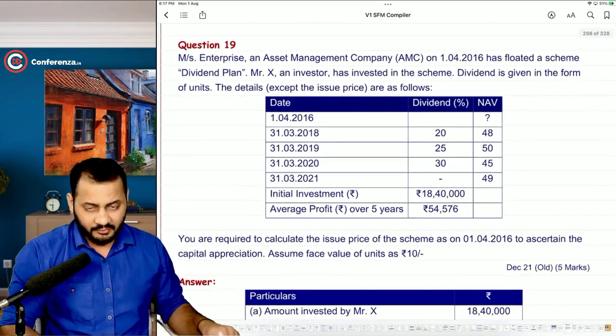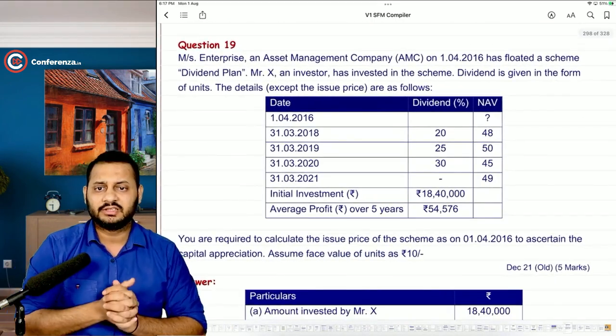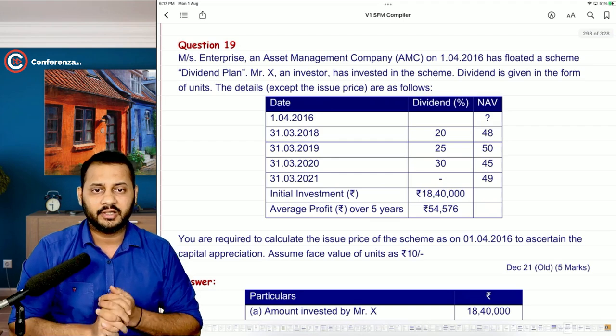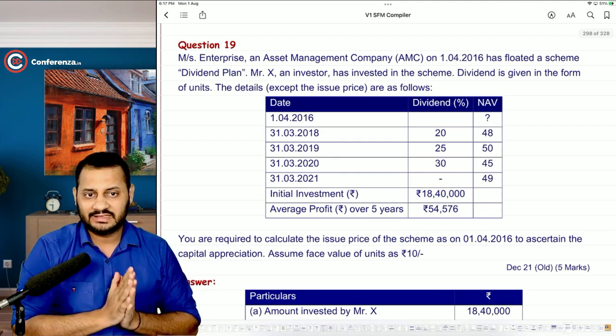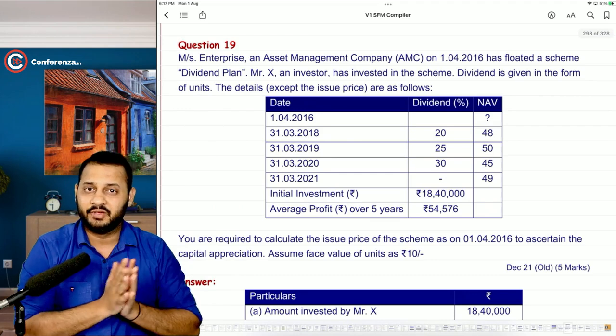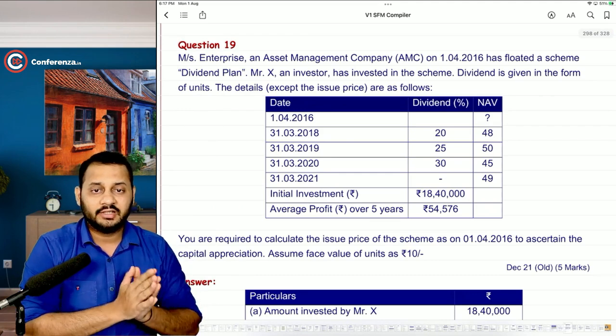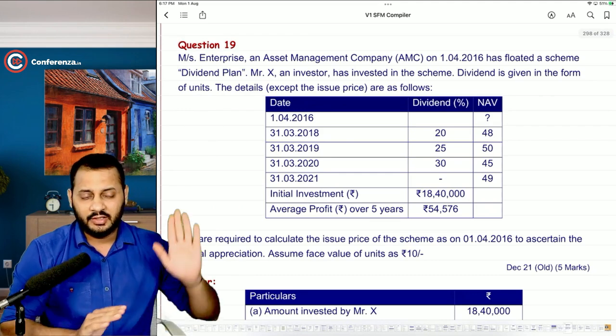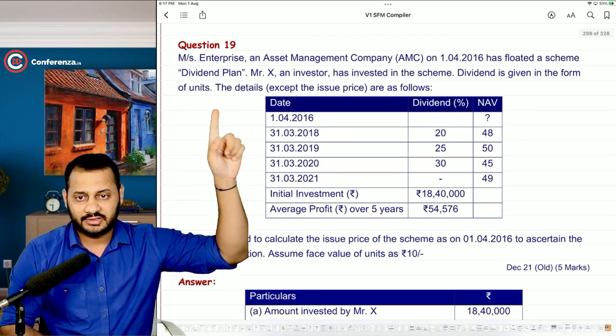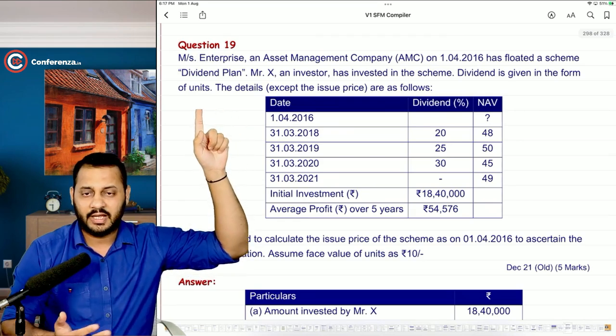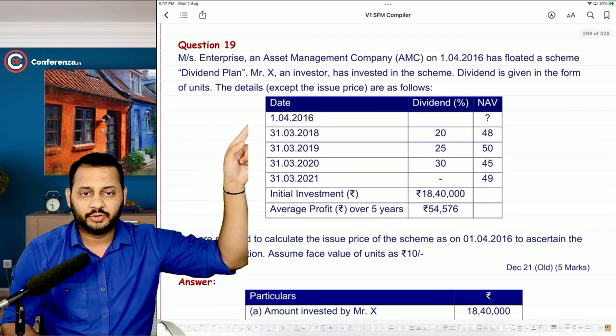Have a look. Messrs Enterprise and Asset Management Company on 1/4/2016 has floated a scheme named as dividend plan. Mr. X, an investor, has invested in the scheme. Dividend is given in the form of the units. That means it was a reinvestment plan. The details except the issue price are as follows.